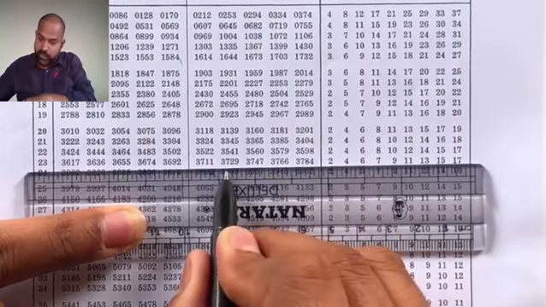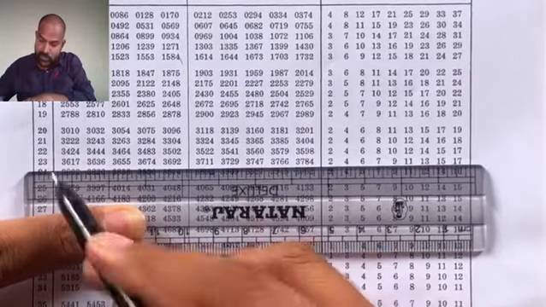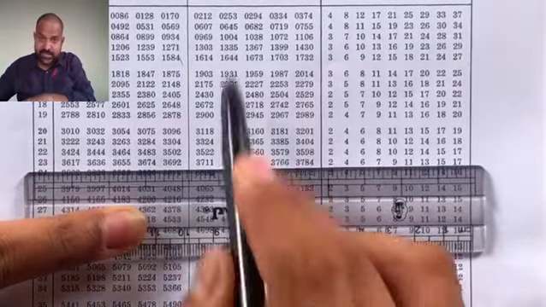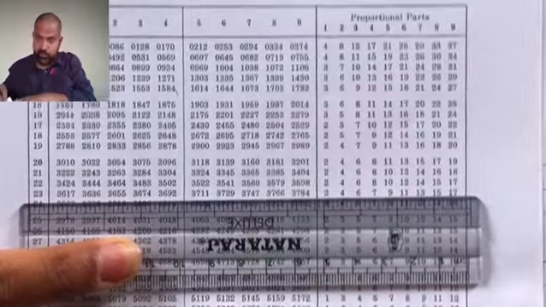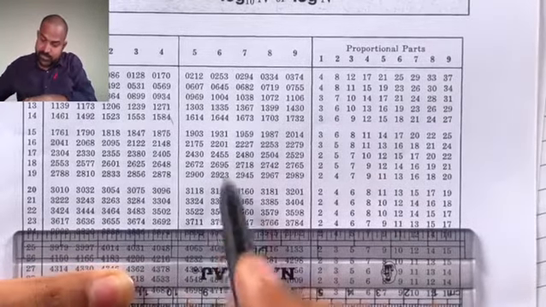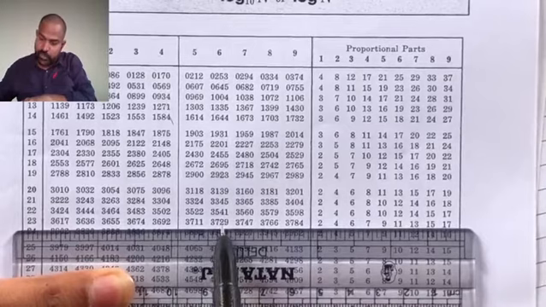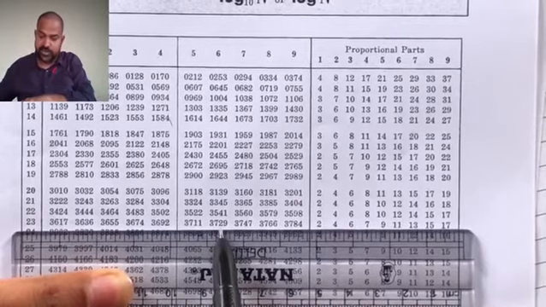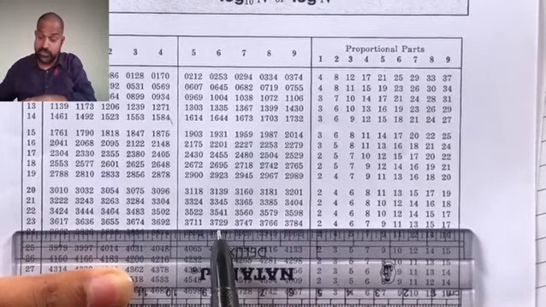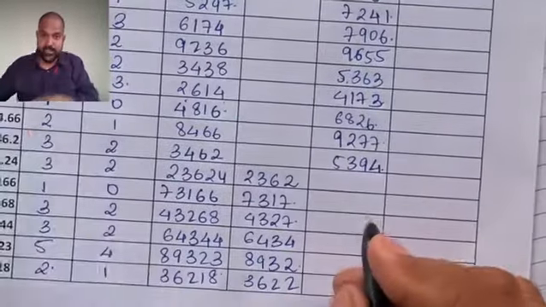So 3729 plus 4 is going to be 3733. Let's write that down. 3733.